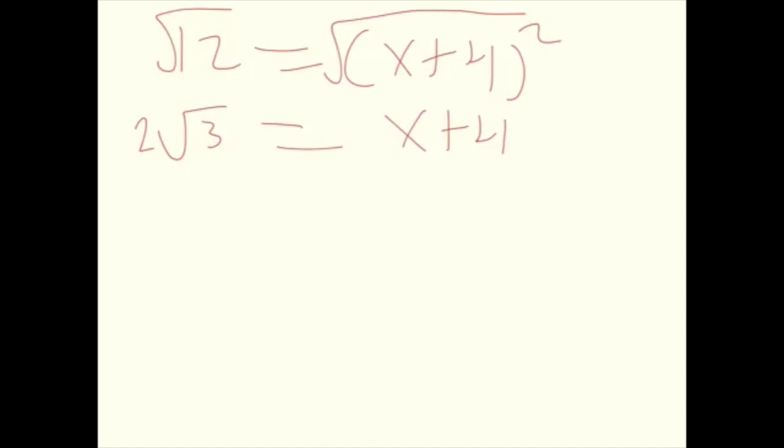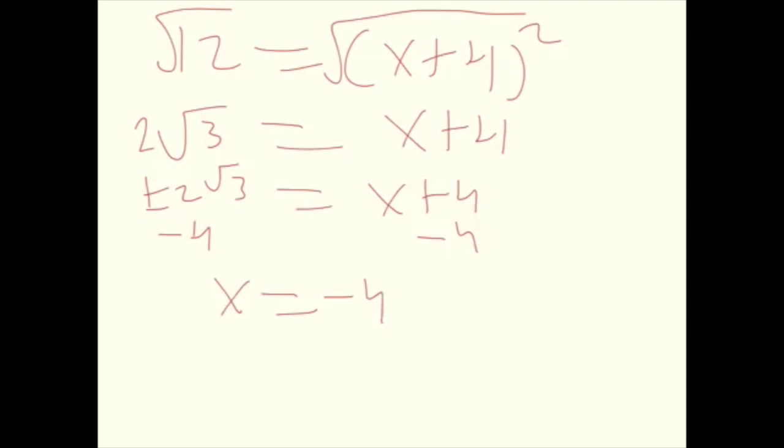Excuse me, this is plus or minus 2 root 3, because it's a square, and this could be positive or negative. I just rewrote this here because I made an error. So then you subtract 4 from both sides, and you get x equals -4 plus or minus 2 root 3.